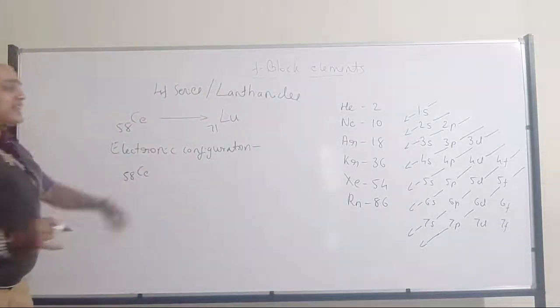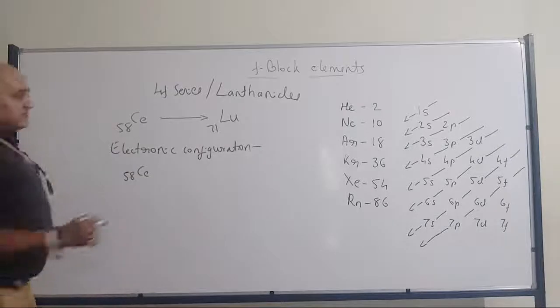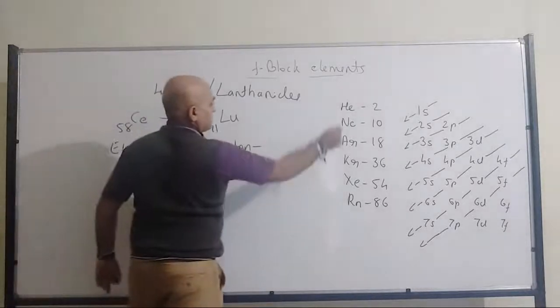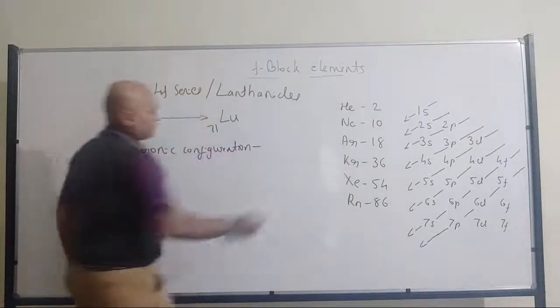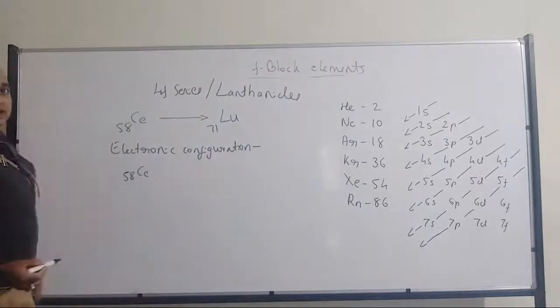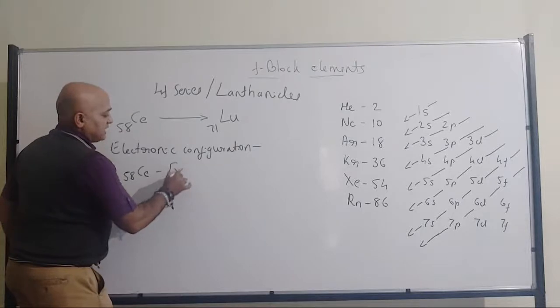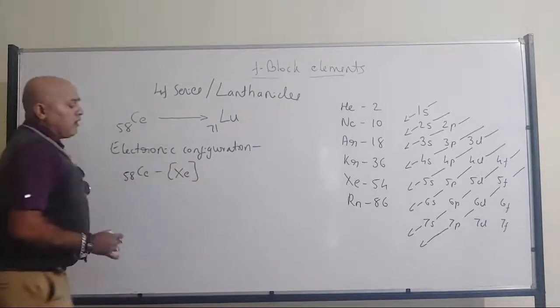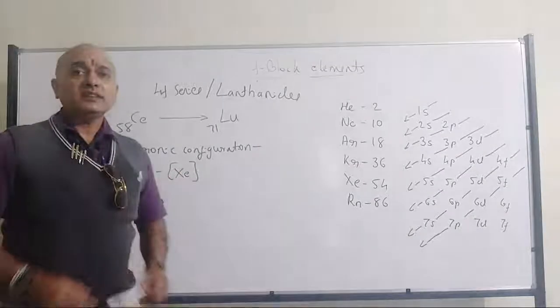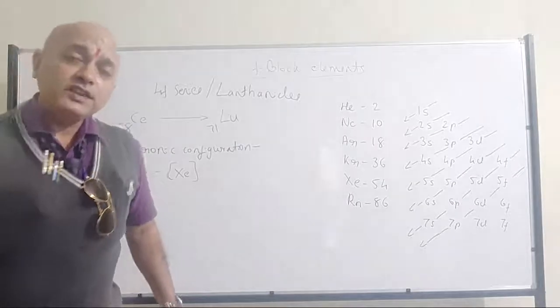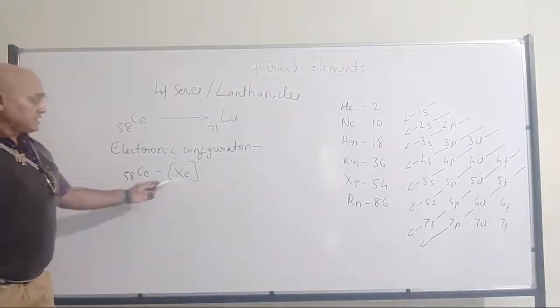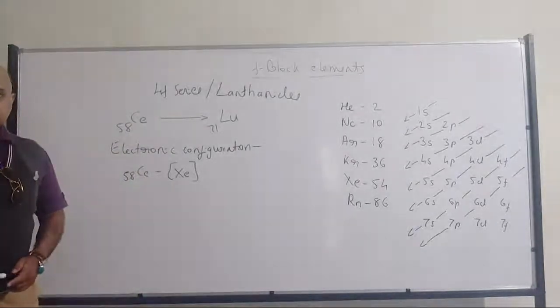So we have to take the help of xenon. Since we are in the sixth period, we have to take the help of the fifth period, 1, 2, 3, 4, 5. So for all the lanthanides, the electronic configuration should go with xenon as the inert gas.